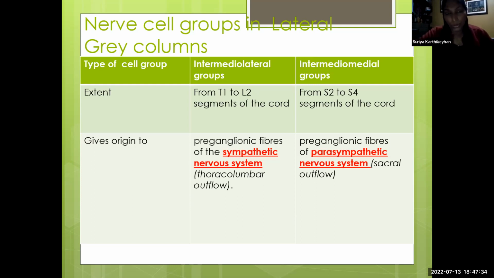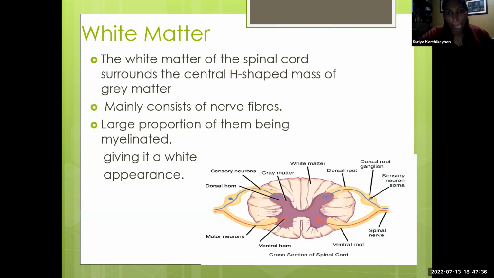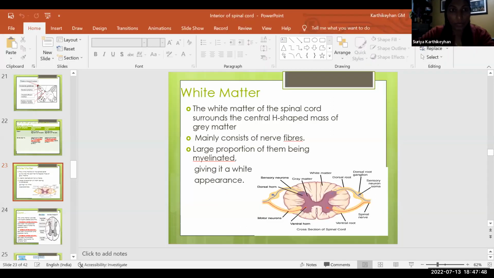Now going on to the white matter. Before that, I'll show you a video. In last class, I was talking about the external features of the spinal cord. Sorry, this video is not playing. In the next class, I'll be showing you that video.